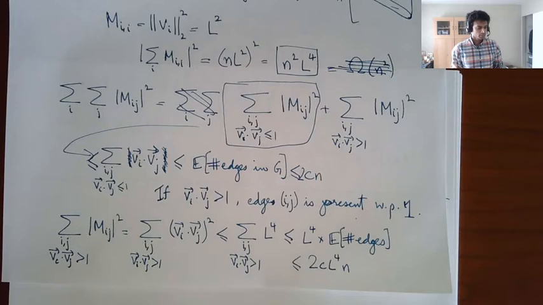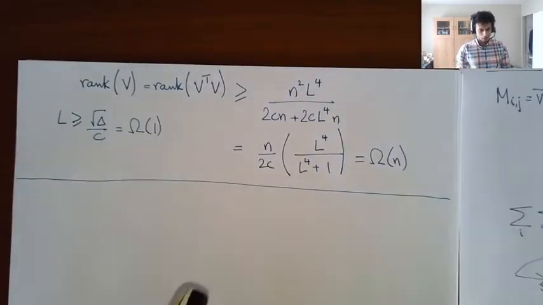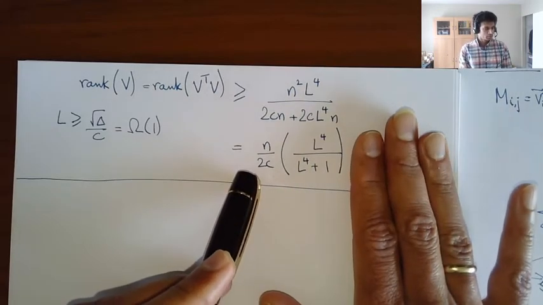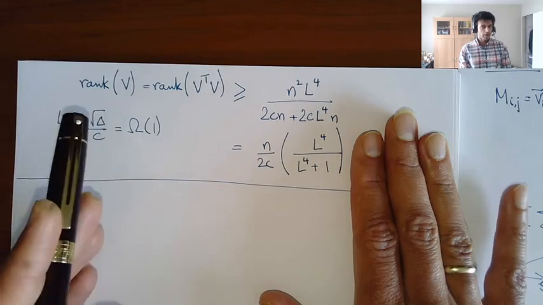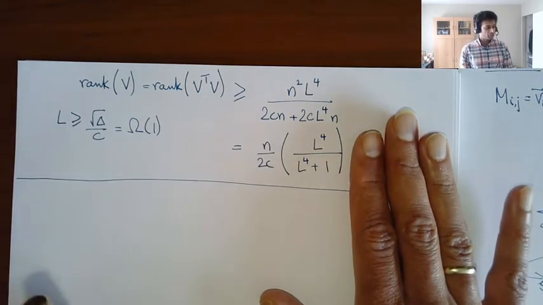One question. You said something about the connection to triangles before starting to prove the bound. Can you repeat that again? Yeah. Do you see this part? This part has nothing to do with triangles, getting up to here. This part only had to do with sparsity. Now you need a lower bound on L to get any reasonable lower bound.